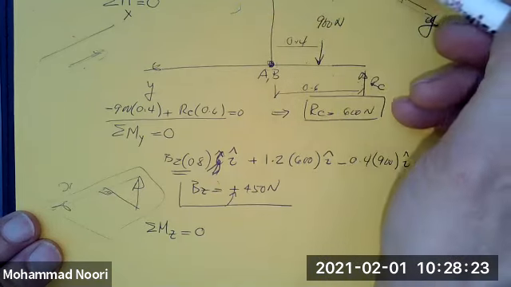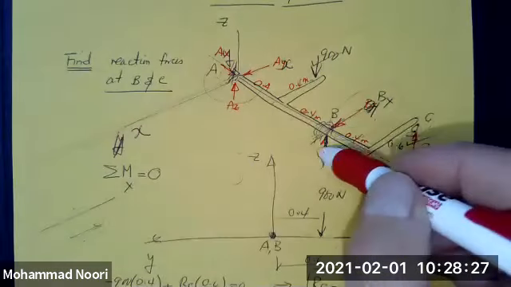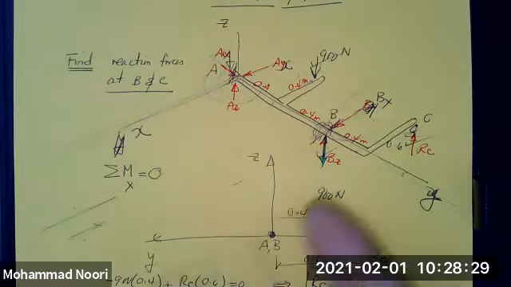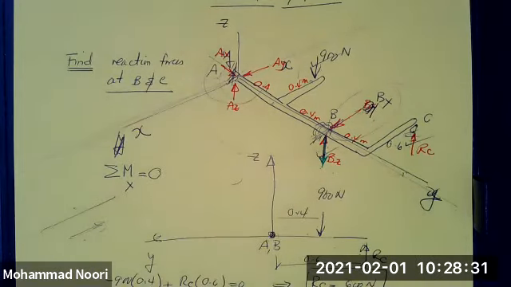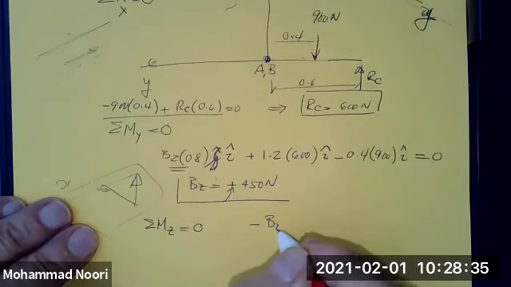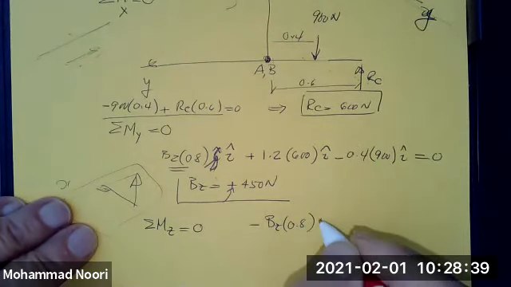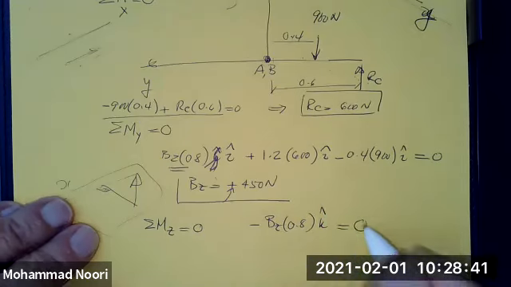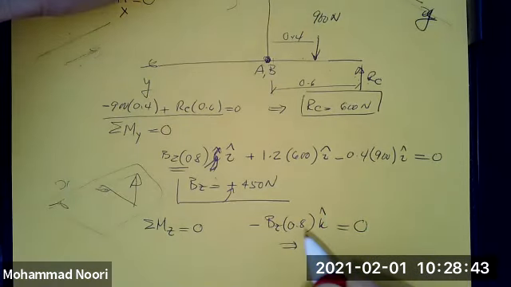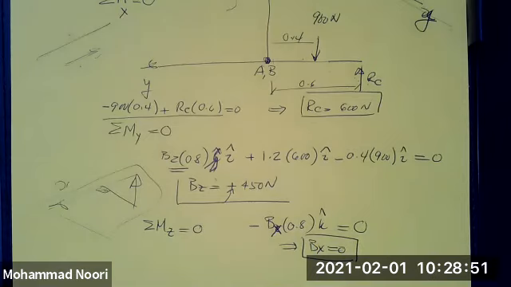So it's only BX, and that would rotate this way, going downward, negative BX times this distance, 0.8 times k. But this is going to be 0. So BX would be 0. Can you see that?